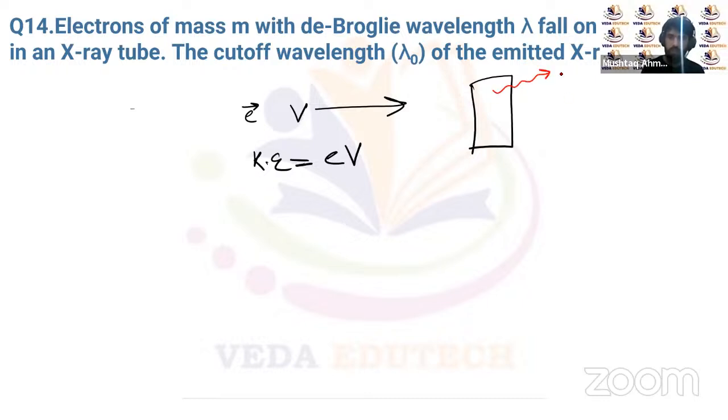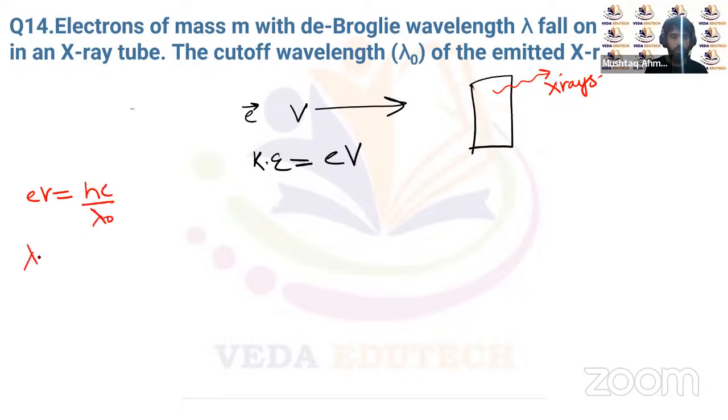It will appear as electromagnetic radiation, and the energy of that radiation will fall in the X-ray region of the electromagnetic spectrum. So these are the X-rays produced. If the maximum kinetic energy gets converted into the production of these X-rays, then eV will be equal to hc upon lambda.